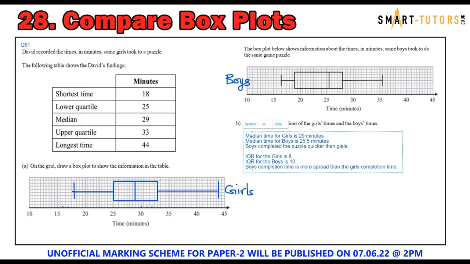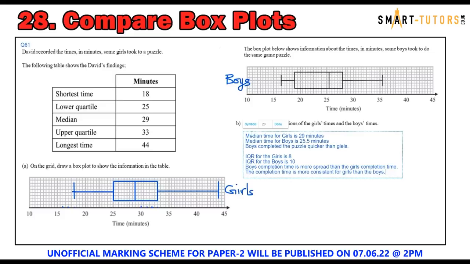Which means the data is more spread in the boys' completion time than the girls'. So the completion time is more consistent for girls than the boys.